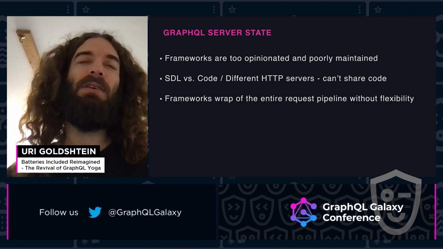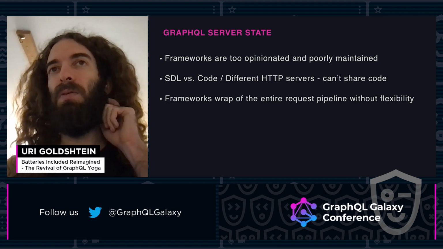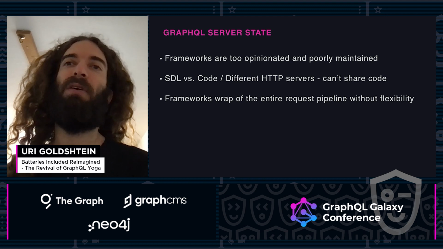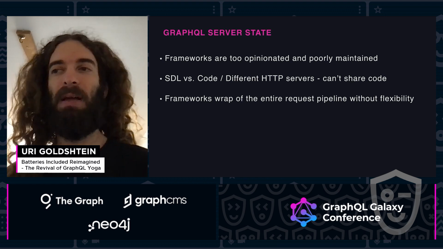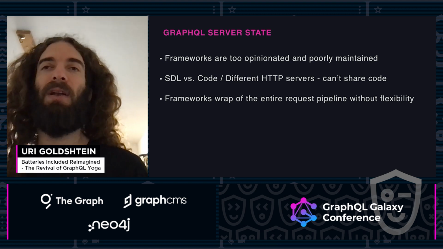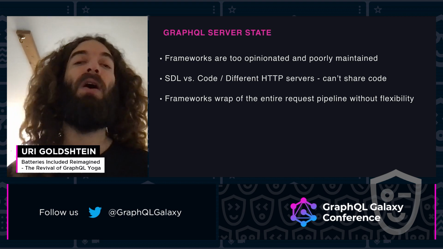Another thing, in a similar vein, is that those frameworks wrap the entire request pipeline. That's okay if you're doing something very simple. But first of all, it depends. Sometimes if you work with an HTTP server, like let's say Fastify or Express or Koa, you want to use their full power.